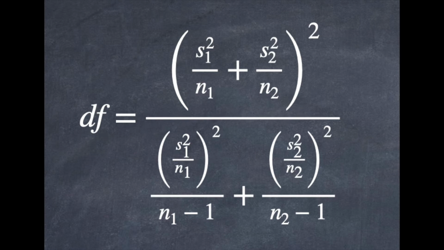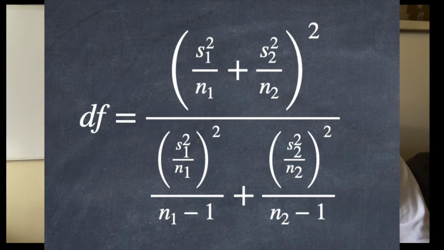I don't know, let's just put his name up there, and you tell me how to say it. This is what technology uses for us, and this formula is used to compute the degrees of freedom, which is basically some averaging and pooling of the standard deviations and their sample sizes.